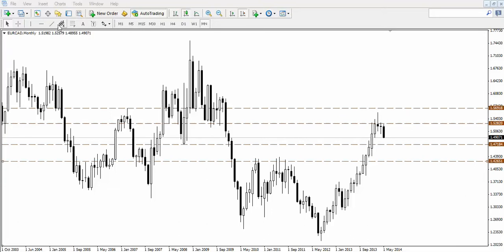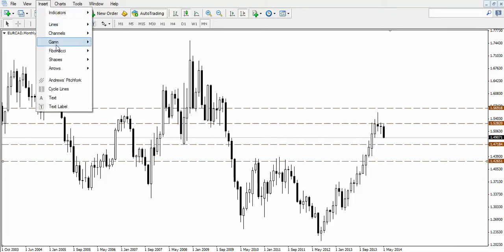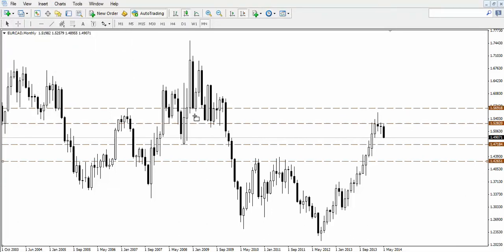This is kind of a resistance zone that I'll just indicate with this blue rectangle. So the pin bar pierced that area of resistance nicely, rejected it, and so we're then looking for some downside momentum.